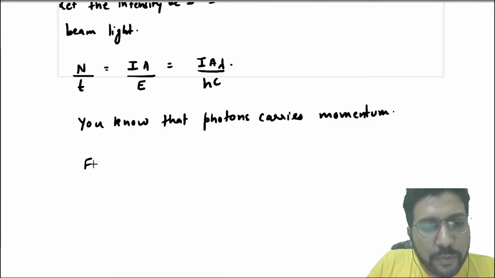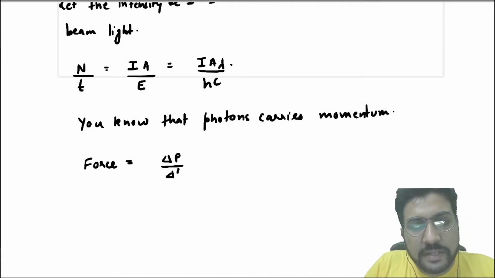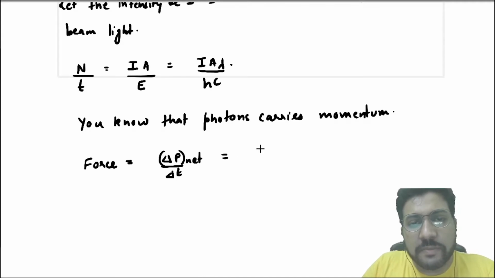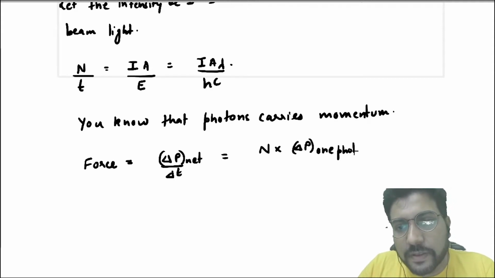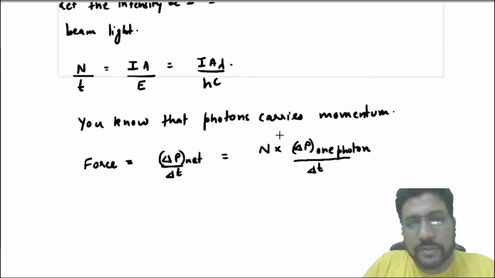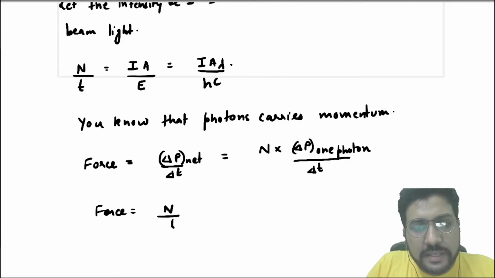You know that force is equal to change in momentum per unit time, right? So this is the net change in momentum, and the net change in momentum will be what? The total number of photons multiplied by the change in momentum of one photon, divided by time. Okay, so force can be written as N by T multiplied by the change in momentum of one photon.